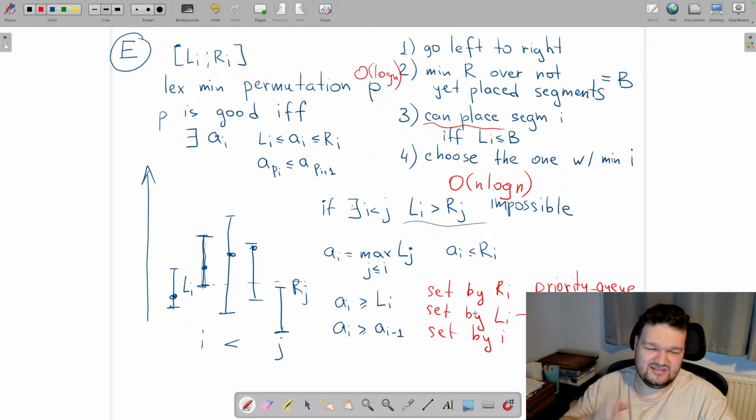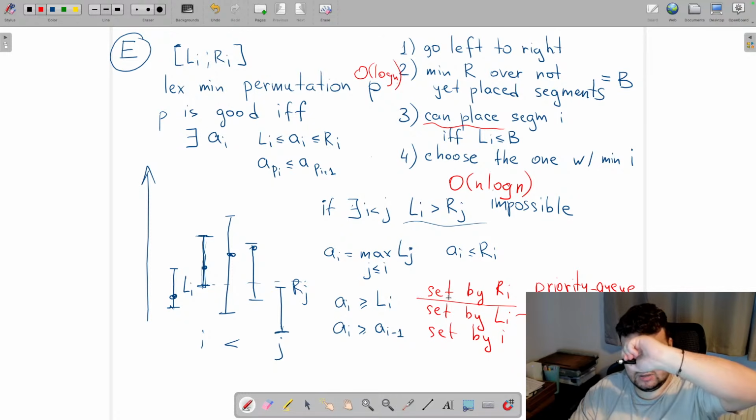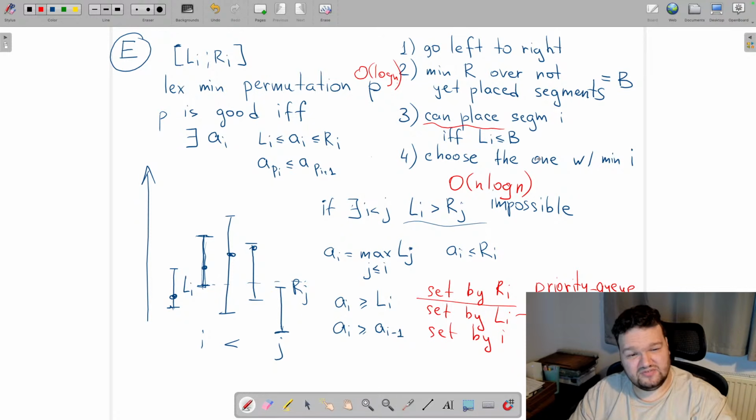But it will require a bit of work, because for this set we do want to remove from the middle. When we use some segment, we need to remove its R from the set of not-yet-used R's. But when we are using it, we're only looking at the first element.